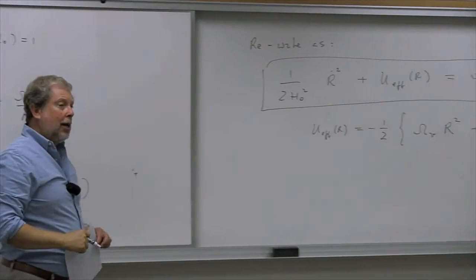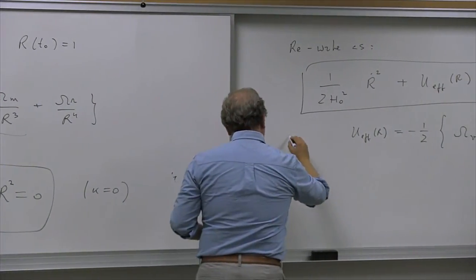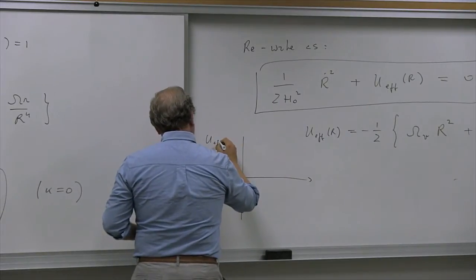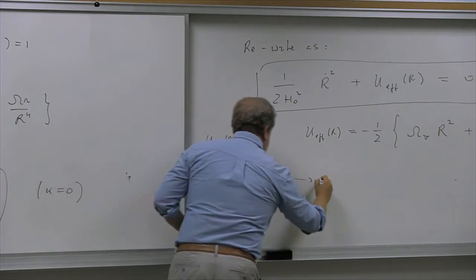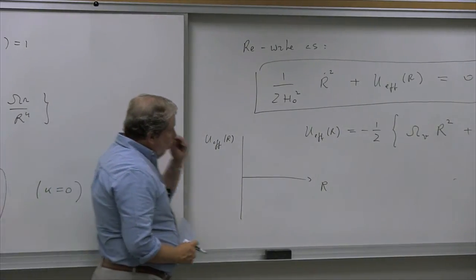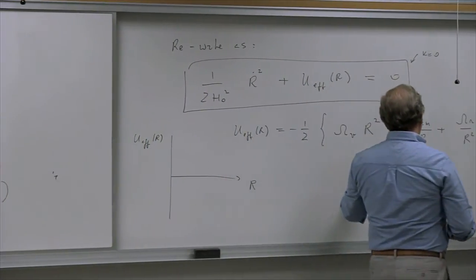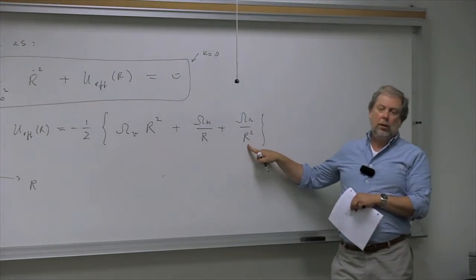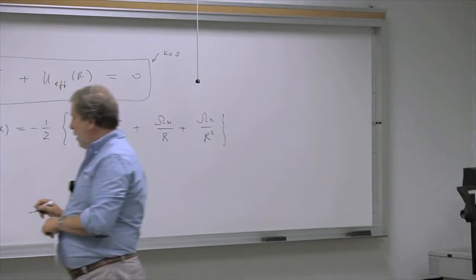And so we can treat it as a classical mechanics problem, because now we can plot what this U effective of r is as a function of r. And what we see is that when we go to small r, the part that is dominant is the 1 over r squared, and that has a negative sign.